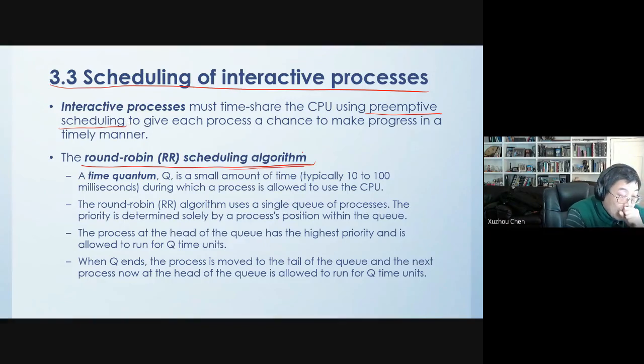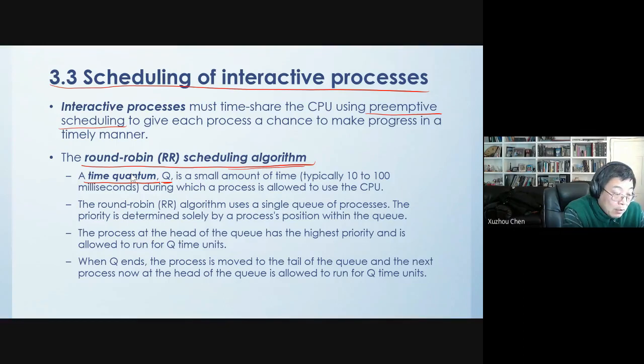Now, in the round-robin algorithm, we use a time quantum, normally denoted by the letter Q, which we allocate to each process. Every time a process takes the CPU, the scheduler guarantees that this process will be in the CPU for no more than one time quantum.